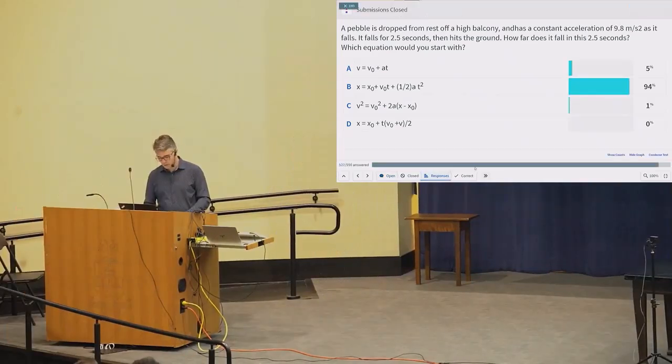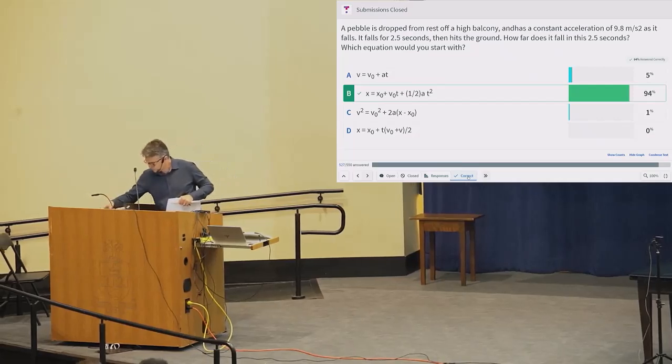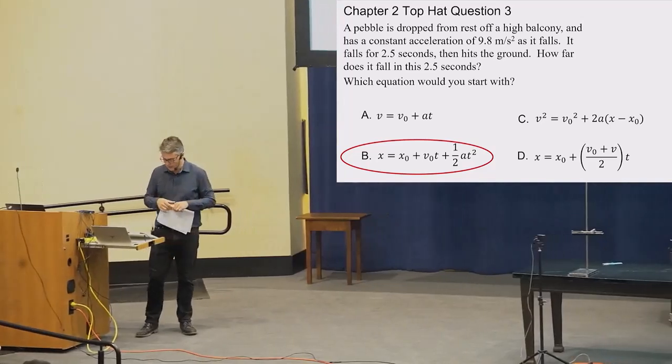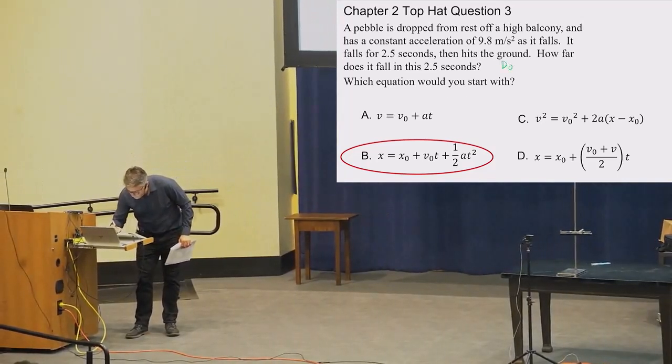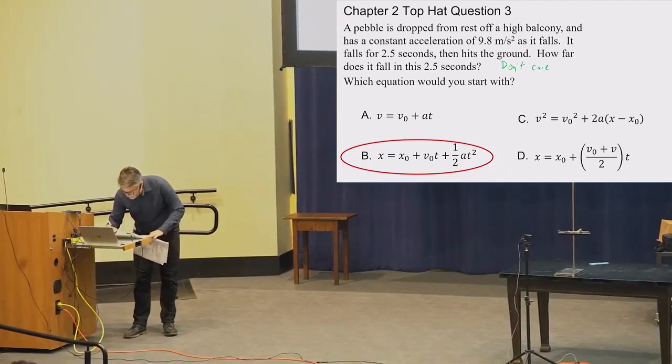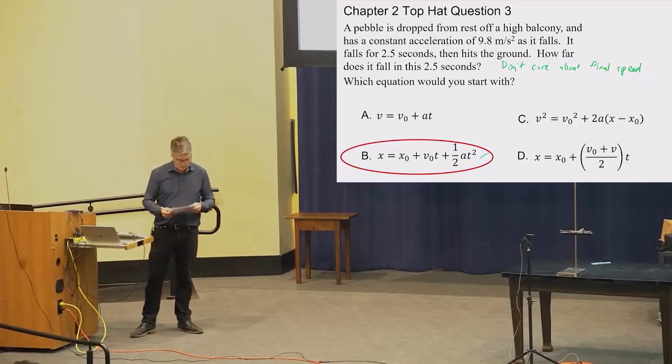The easiest one to start with is equation B. The reason is that the implicit thing here you don't care about is the final speed just before the pebble hits the ground. All of the equations contain the final speed except equation B, so that's a good one there.